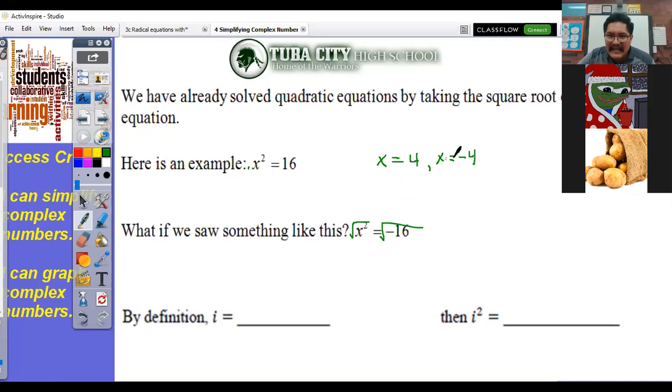If I try -4 times -4, that's positive 16, not negative. And again, I will get some students that say, well, can't one be positive and the other be negative? No, because if you square them, you are squaring the same number.